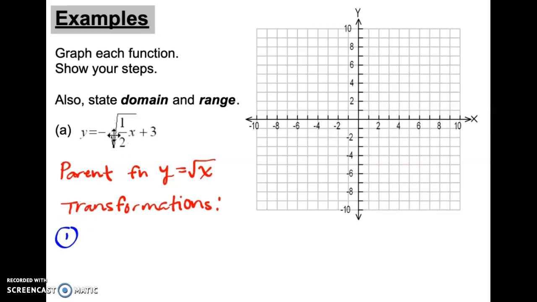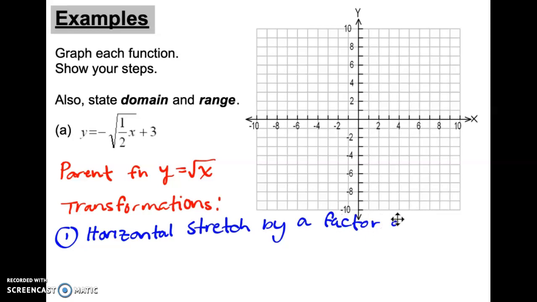There's nothing being multiplied out front, but there is this 1/2 inside, and that is going to cause a horizontal stretch by a factor of 2. Remember that k value is always opposite.